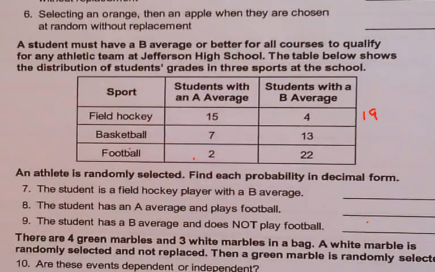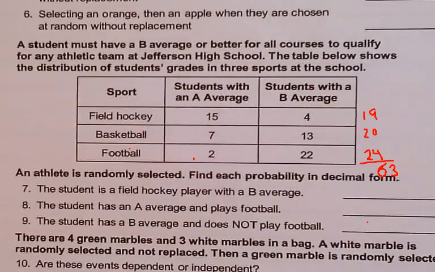And then 7 plus 13, that's 20. And then that's 24. So if we add all those together, 19 plus 20 plus 24, there's 63 total student athletes.